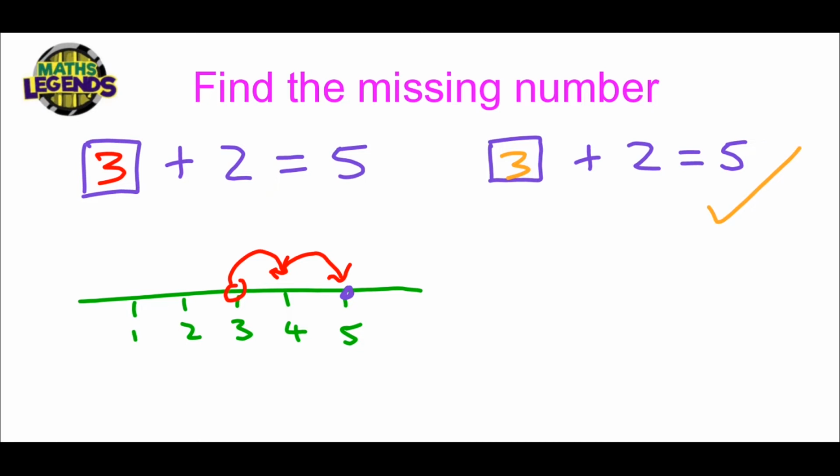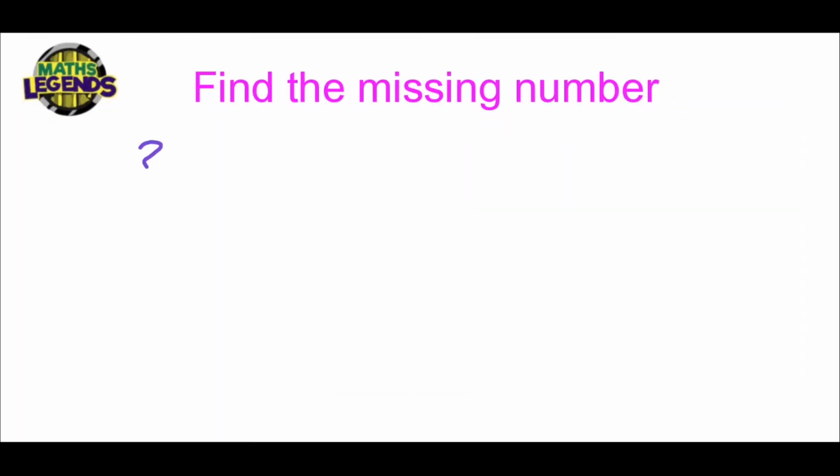Now let's look at another example. Question mark plus 2 equals 6. Now here, although we don't have a square box, the question mark acts like a square box. So we can replace the question mark with a square box and answer it in the same way we have done before. So we can draw the number line.